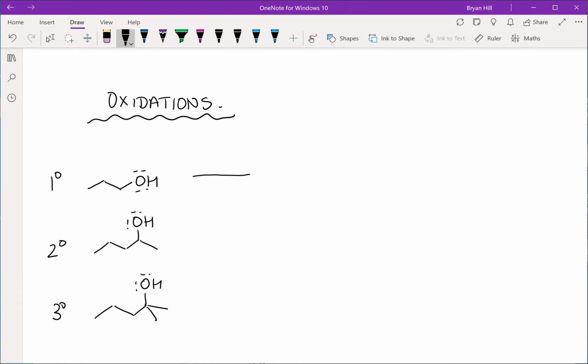And so let's do an oxidation reaction. So this would be an aldehyde. Oxidation. This would be a ketone.